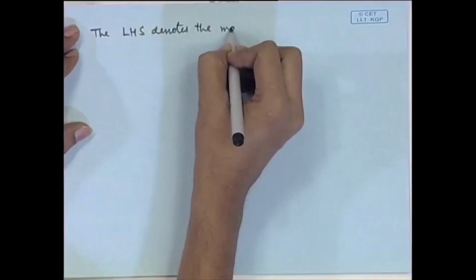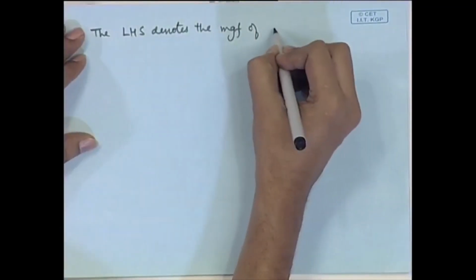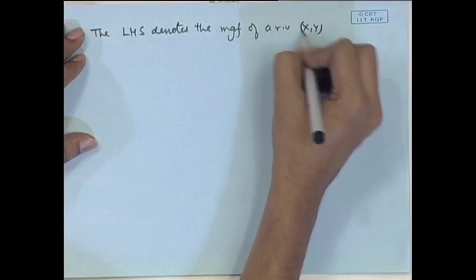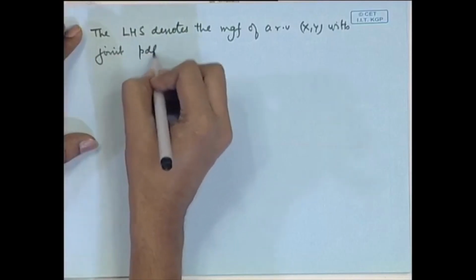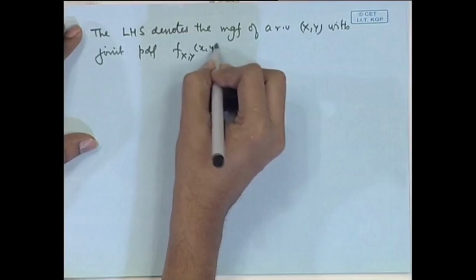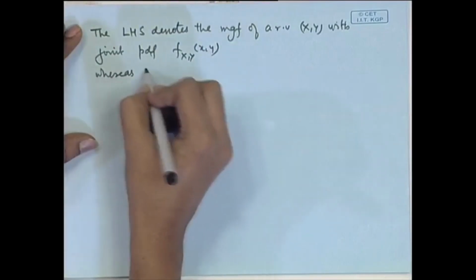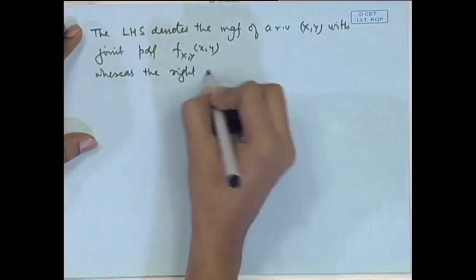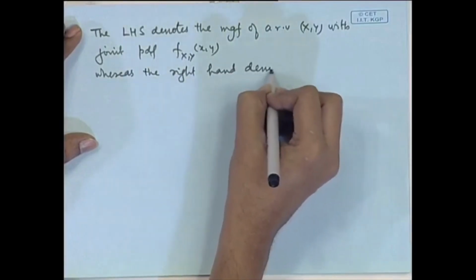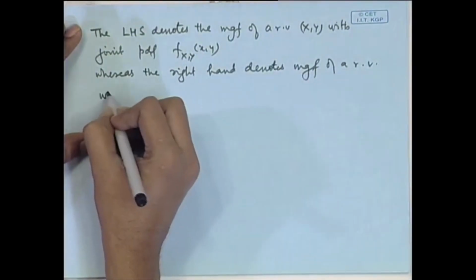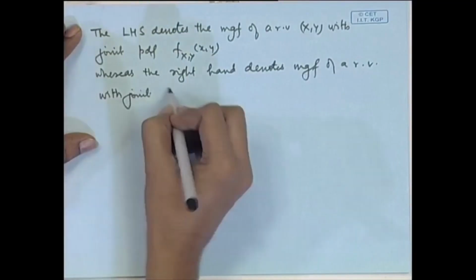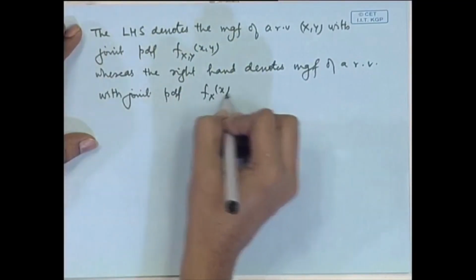So, the left hand side denotes the moment generating function of a random variable x y with joint PDF f x y, whereas the right hand side denotes the MGF of a random variable with joint PDF f x into f y.